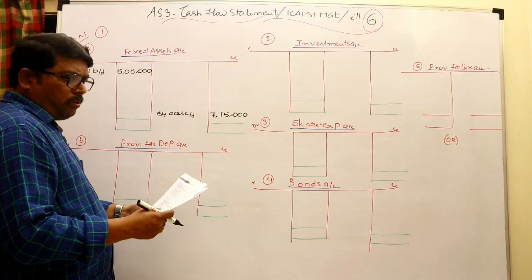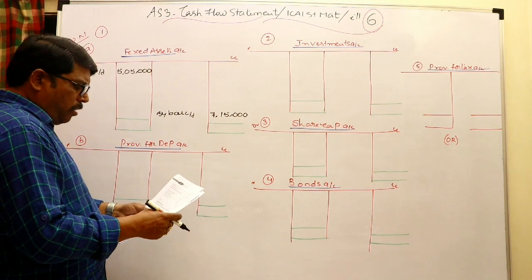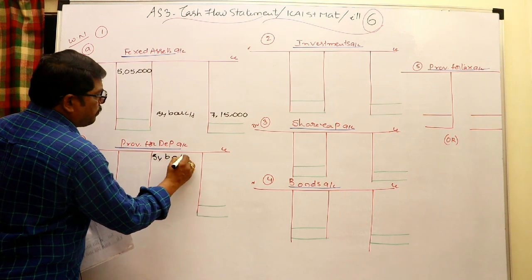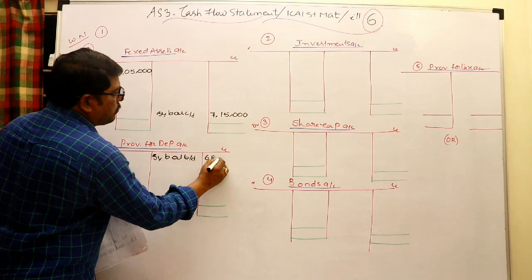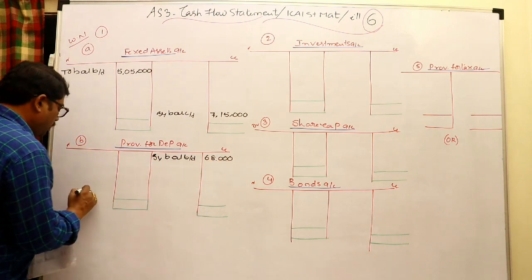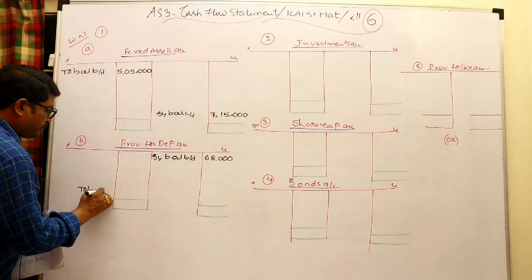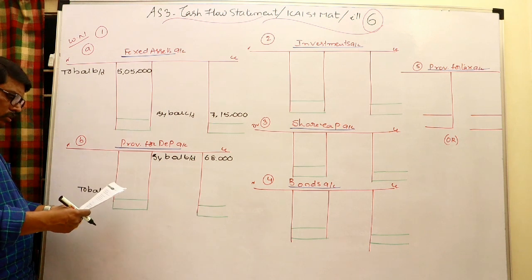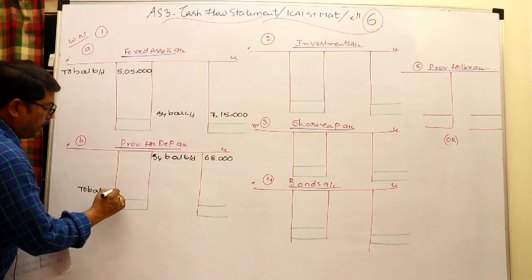Provision for depreciation is always a credit balance. There is an opening provision of 68,000, by balance brought down 68,000. Closing provision for depreciation given 1,03,000.